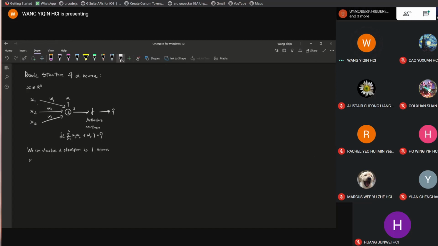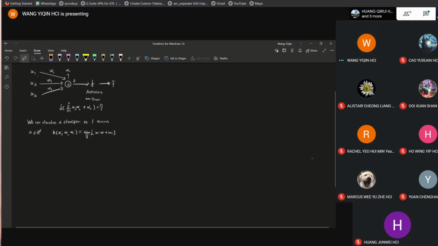In general, for a linear classifier, the x can be of any dimension. And this is, again, the formula for your linear classifier. In this case, we're going to use w instead of theta and w naught. And for the perceptron, you're taking the sign of your x dot w plus the w naught, right?